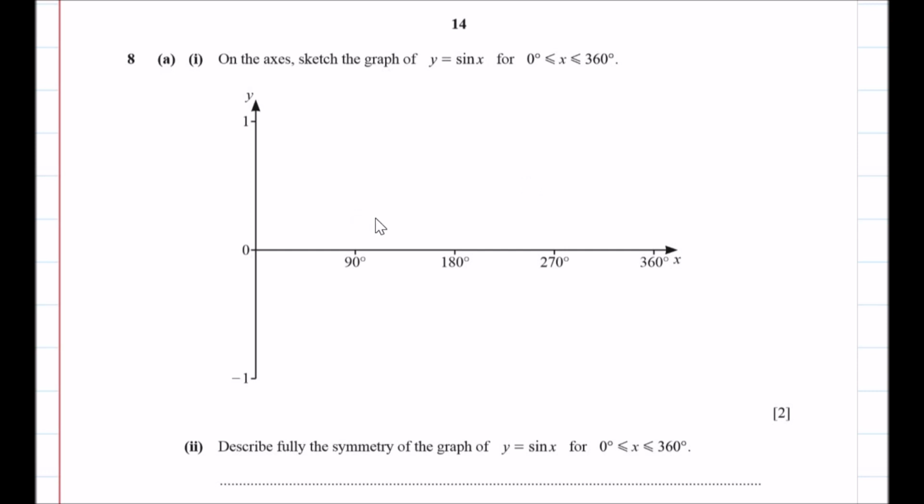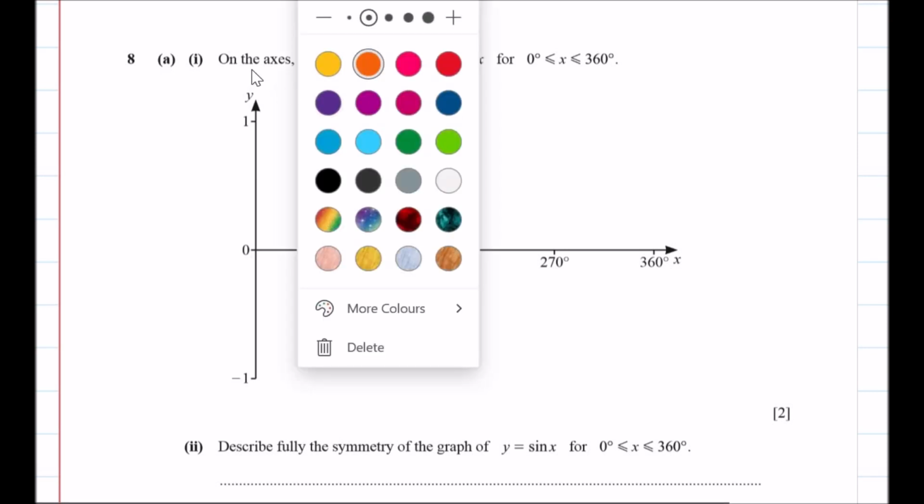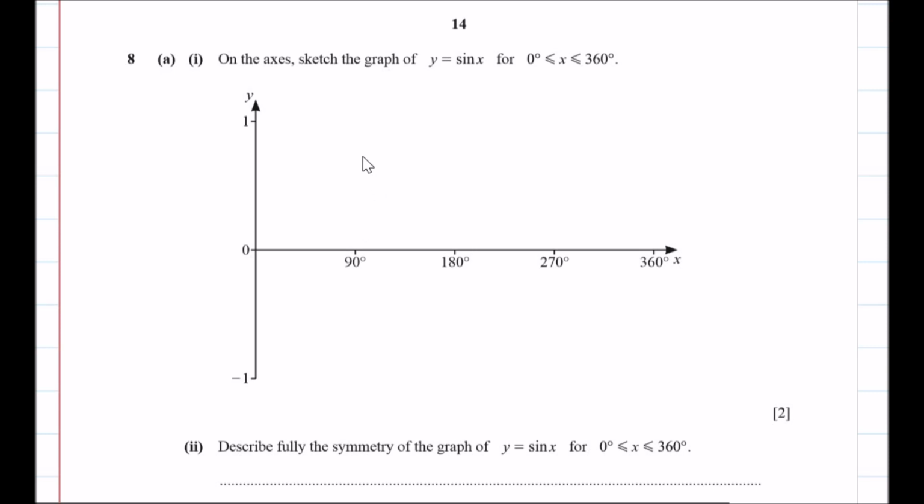It goes to 1 at 90 degrees. So let us put a point here. Then at 180 it is 0, at 270 it is -1.